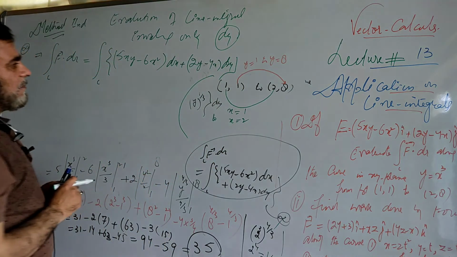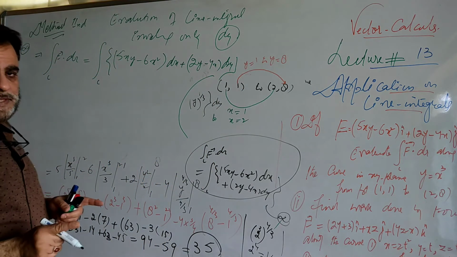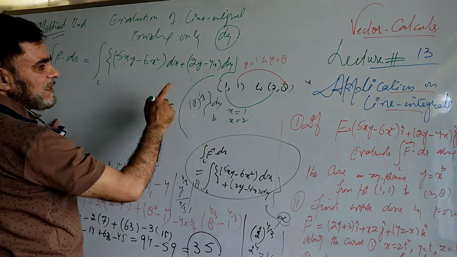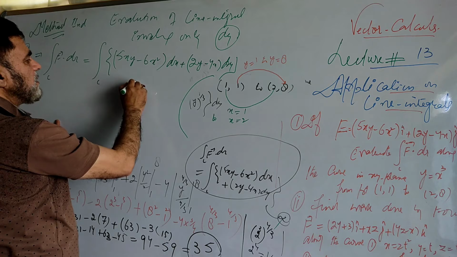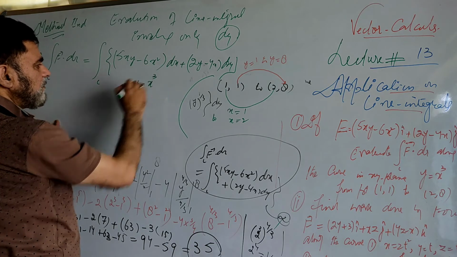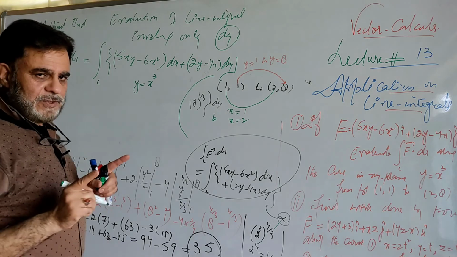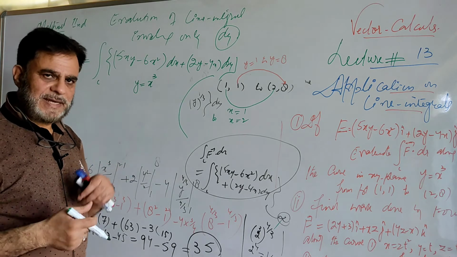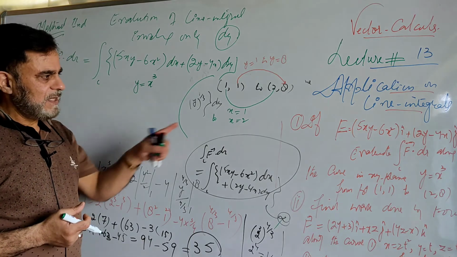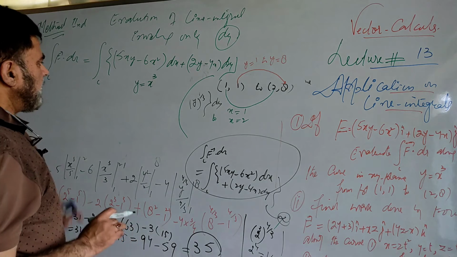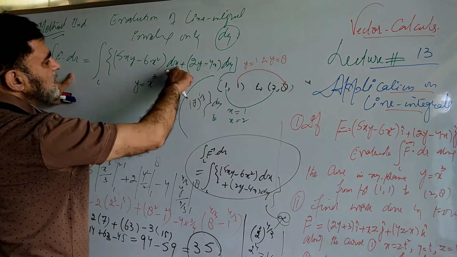What I want to do, I want to evaluate it in terms of involving only dy. When it involves only dy, what is the equation of the curve? It is y is equal to x cube. When I want to involve only dy, I have to involve y terms dy, and the limit for y is 1 to 8. So I have to replace dx by dy.